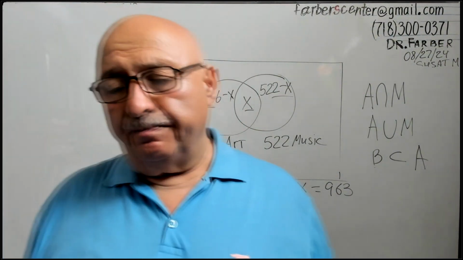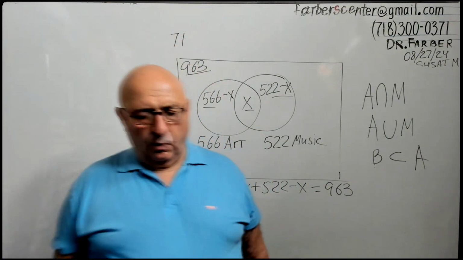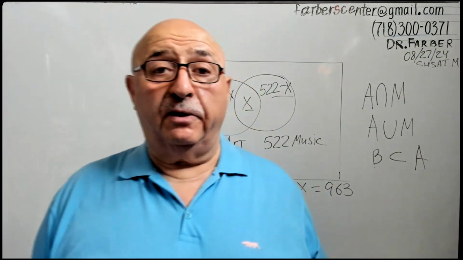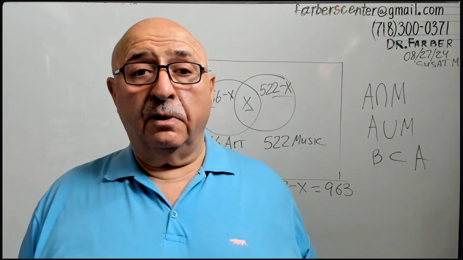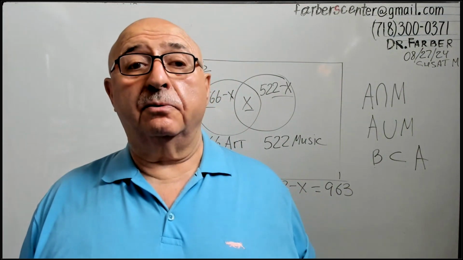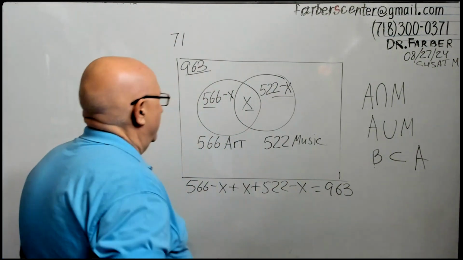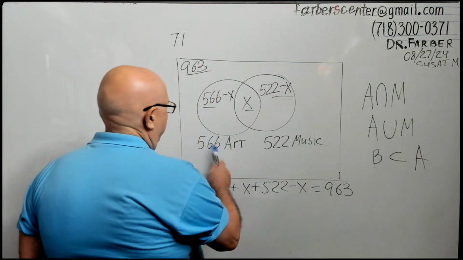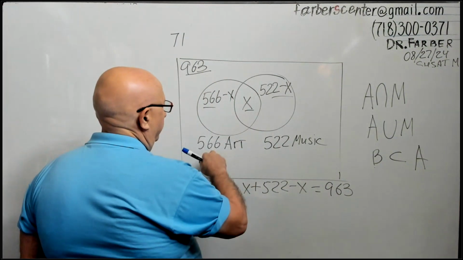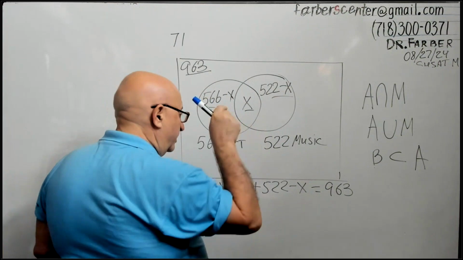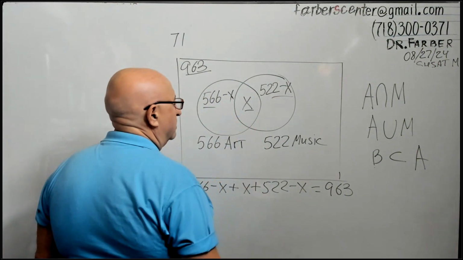Very simple. Without a Venn diagram, you solve it wrong, because a Venn diagram avoids counting repetitions. Look at this: without the Venn diagram, you have this 566 where x is included, 522 where x is included, and you count the same people twice.